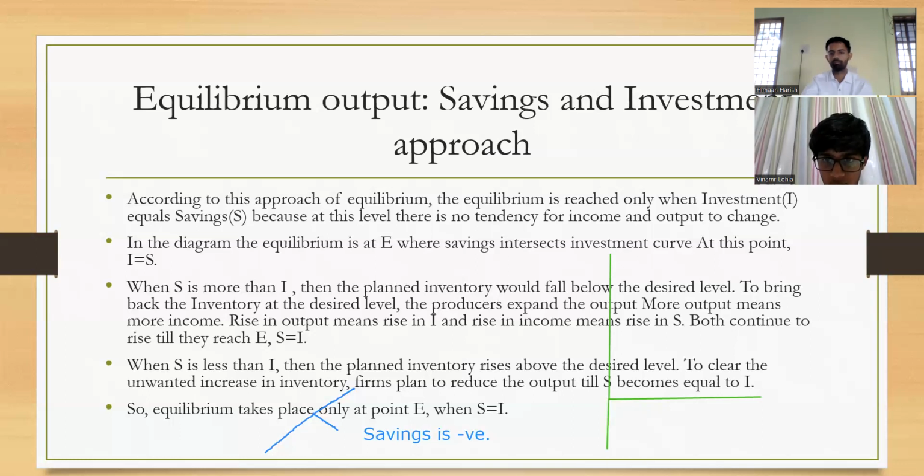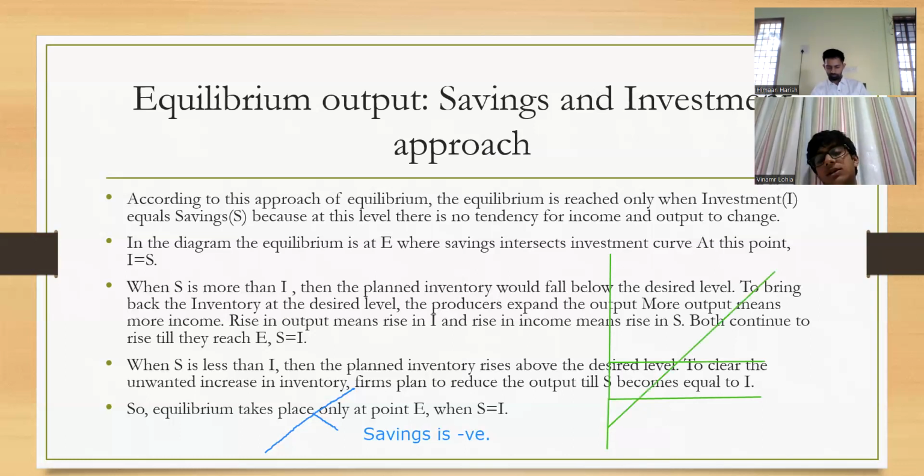So it starts from the negative line. The point where they intersect is the point of equilibrium. This is S, savings. And this constant line is investment, I.